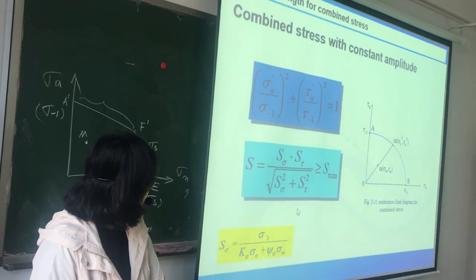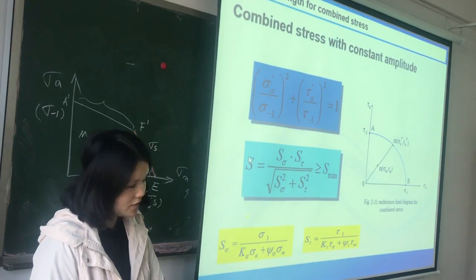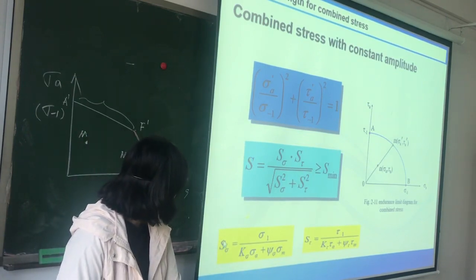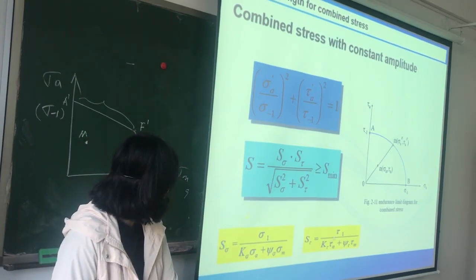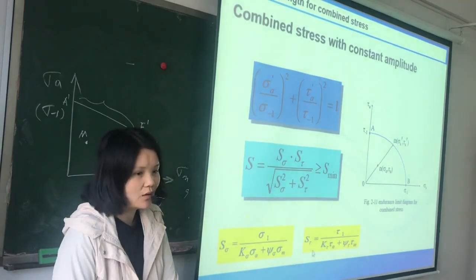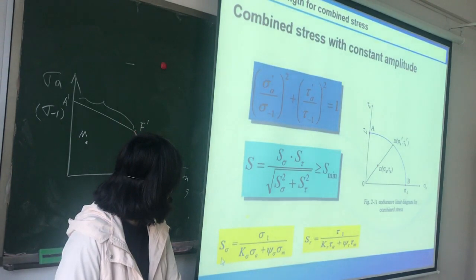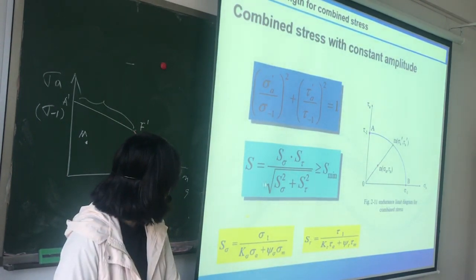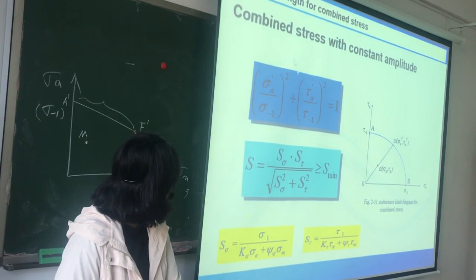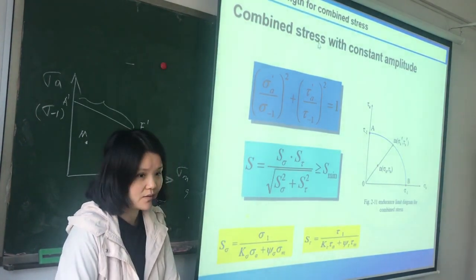Before we calculate the safety factor, we first calculate S sigma and S tau, calculate this value and this value, and then calculate the safety factor for combined stresses.